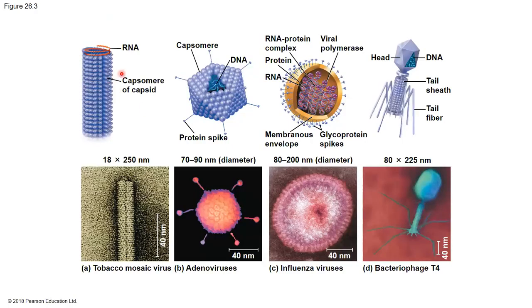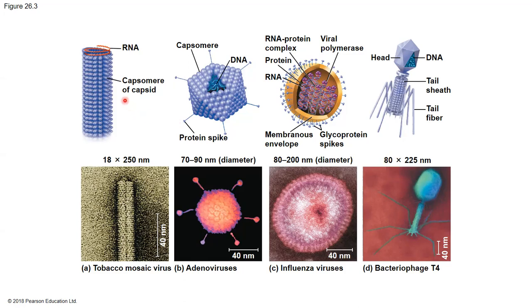So here, in this picture, we have different types of viruses. This is, for example, tobacco mosaic virus, which causes disease in plants. We have adenovirus and influenza viruses, which cause disease in humans. And we have bacteriophage, which can infect bacteria.